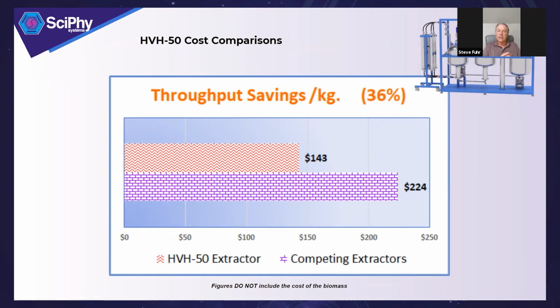And the difference, assuming all other costs are the same, is 36%. But if you take a look at the per unit cost difference, it's the difference between spending $143 to make a kilogram and $224. That's a big number. And the difference between those two is all profit.